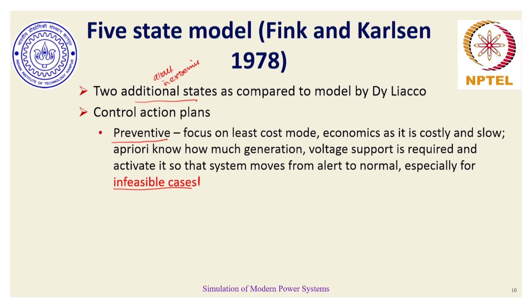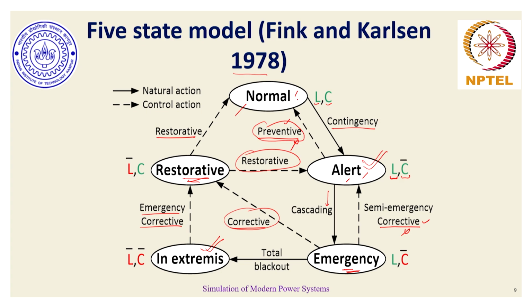Now, why is preventive mode so useful for infeasible cases? The reason is like this. If the network is operating at the current state and an infeasible contingency happens, then essentially the system would immediately go from normal to emergency mode.